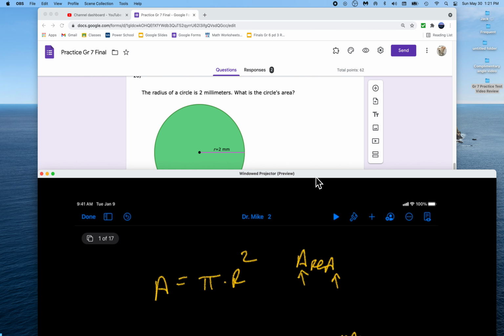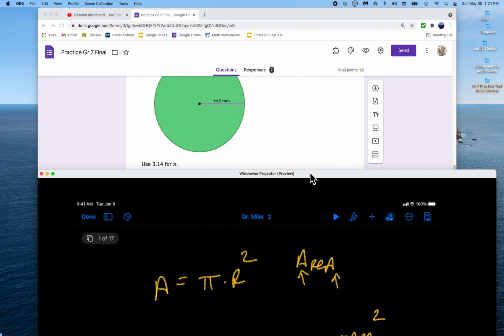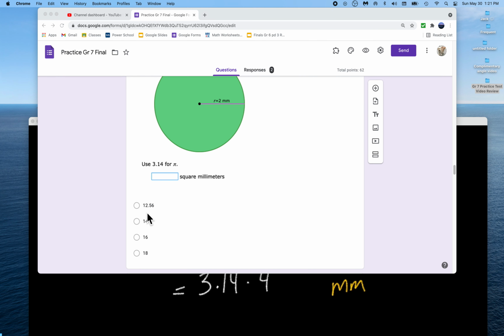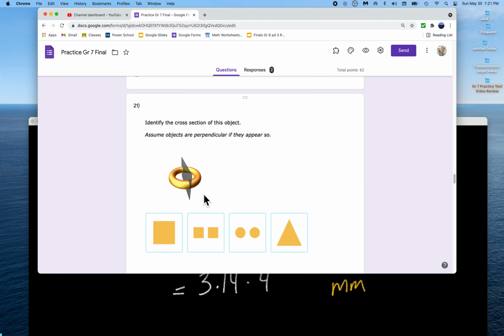So we know we're going to have millimeters squared as the answer. Okay, they give us the radius. Therefore, the area is going to be 3.14 times 2 squared, which is 4. And we're going to get the same answer as before, but they're going to be square millimeters because it's area.